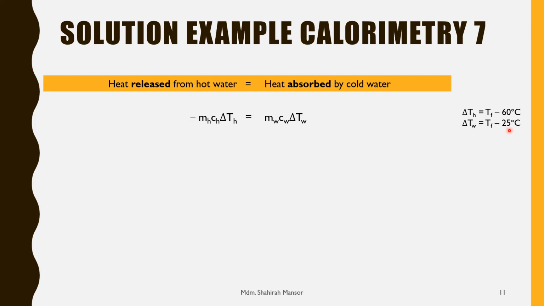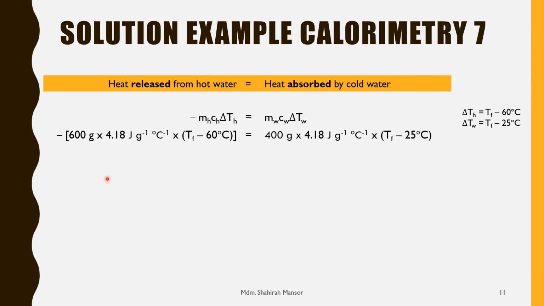T initial kita tahu. So masukkan nilai ini ke dalam formula ini. And that will give you this substitution. So you boleh nampak dekat sini delta T untuk reaction tak sama dengan delta T untuk surrounding.